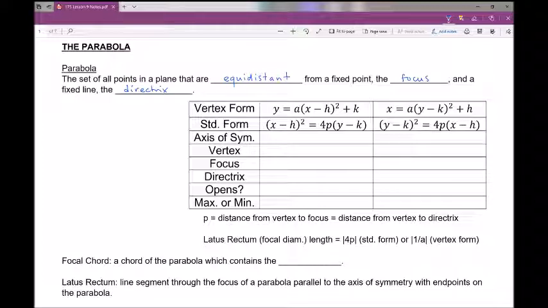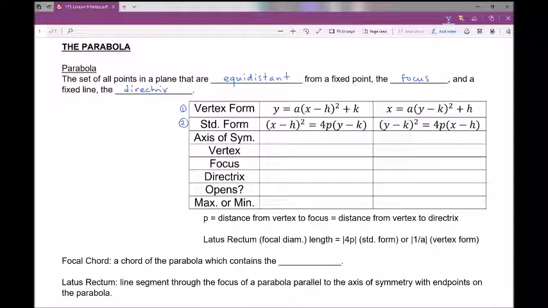We have two different forms of the equation of a parabola: the vertex form and the standard form. The vertex form is useful because it gives us the vertex in the equation. As a reminder, the vertex is the turning point of a parabola. The standard form can also be useful, and we'll see that a little later.